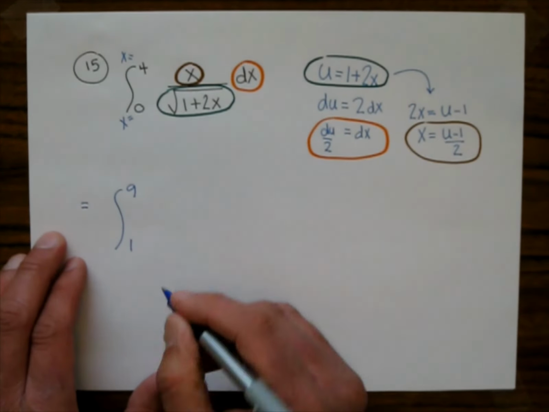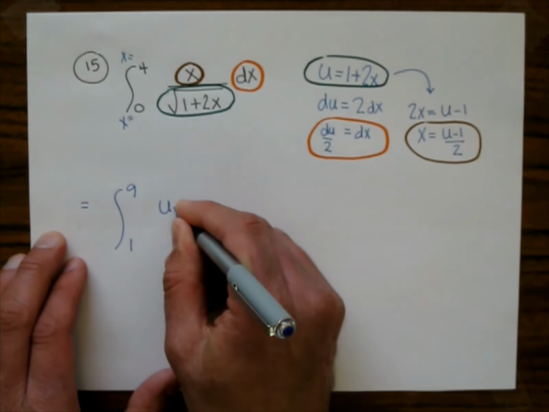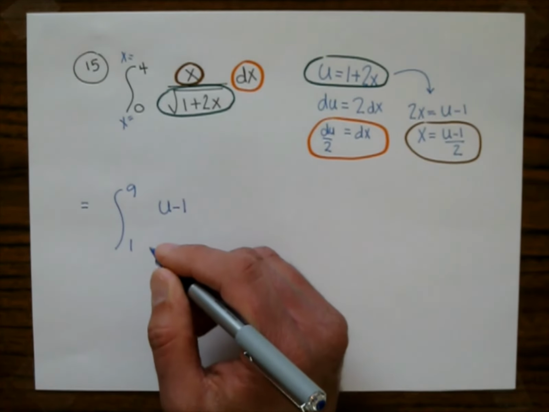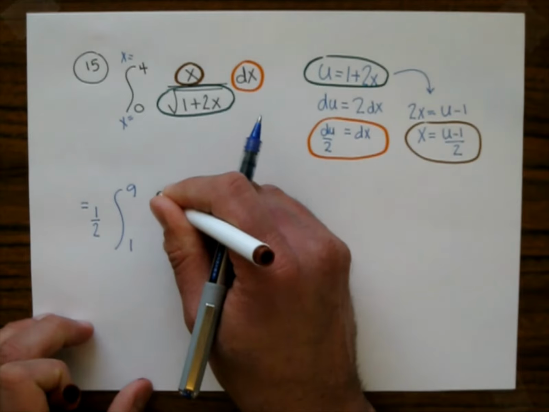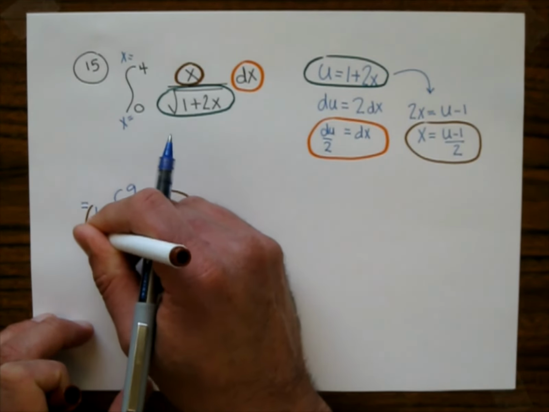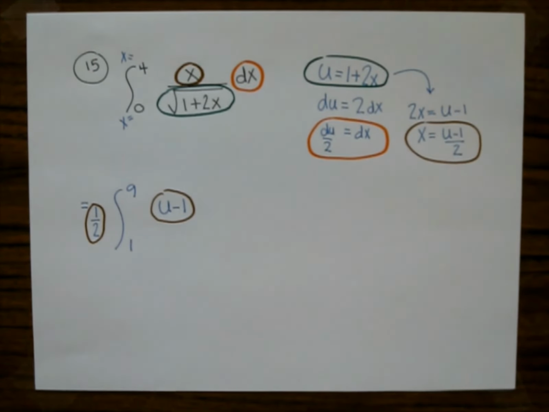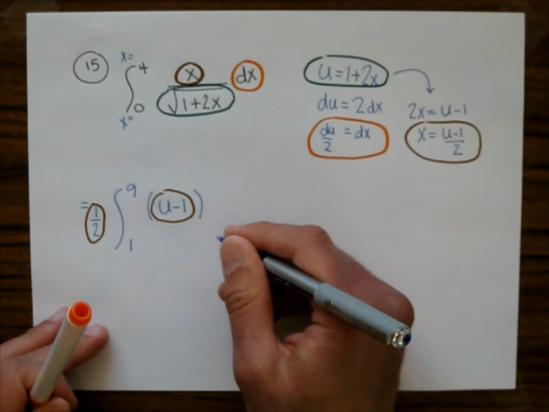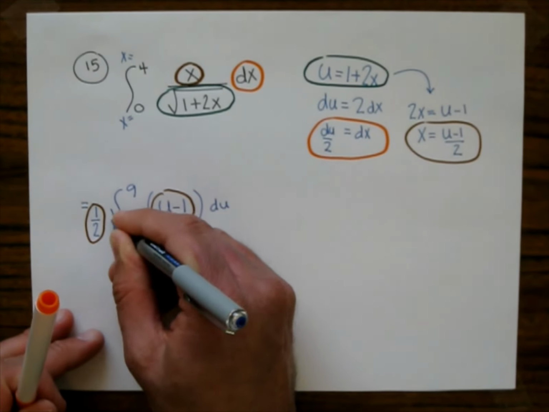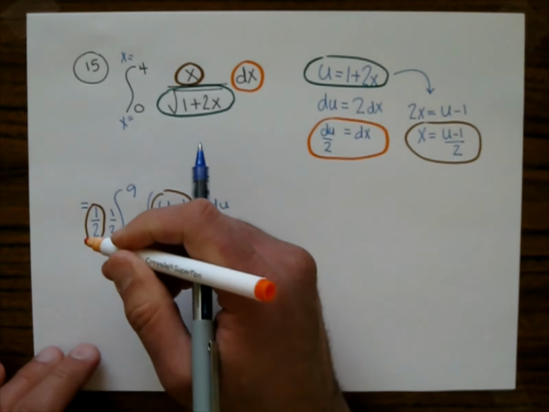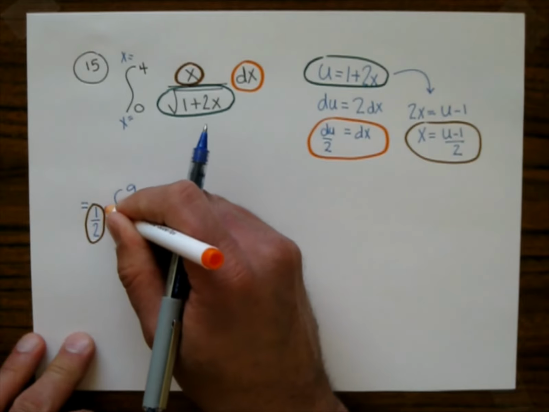The brown part becomes u minus 1. And then I'll just put the 1/2 out front and say, okay, there's the brown part right there. The orange part becomes, let's put parentheses around that, du over 2. I'll put that 1/2 out in front as well.